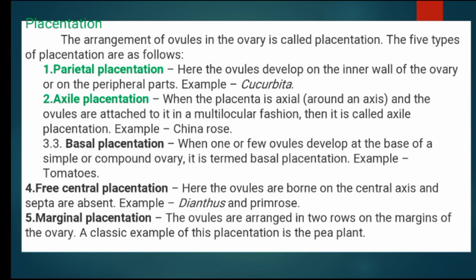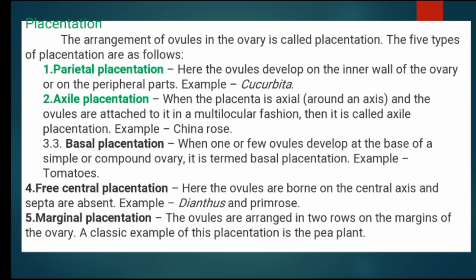Such an arrangement of ovules, or attachment of ovules to the placenta, is known as what? Placentation. So there are 5 types of placentation: the number of ovules and the manner, position, distribution or arrangement of placenta within the ovary is called placentation.